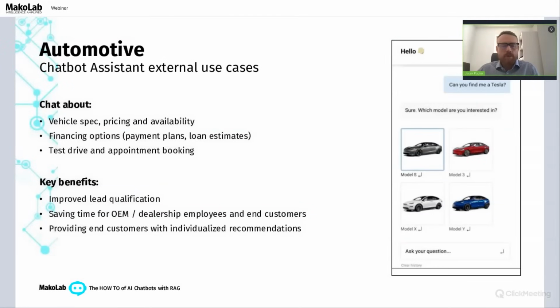Like we can imagine a chatbot assistant for a customer-facing use case for automotive companies, such as automotive OEMs, dealers, retailers, insurance, and so forth, where the customer can chat about vehicle specifications, pricing, availability, and so forth.